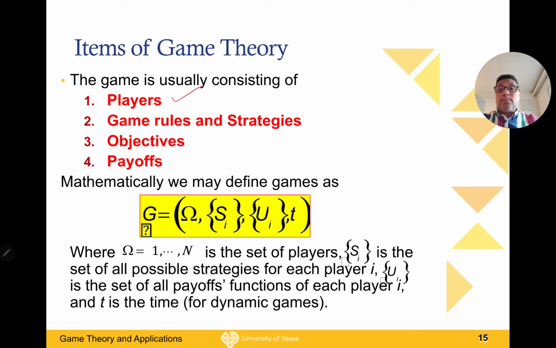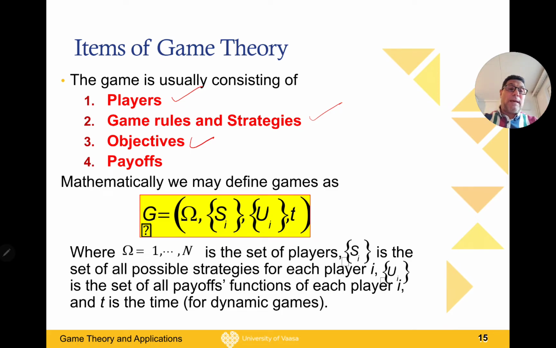Players to play the game, rules and available strategies, because for every game there are rules, and every player should have a set of strategies that they can play at each stage. And then objectives, that every player should have some objective to achieve, for example to maximize, while another player might want to minimize.